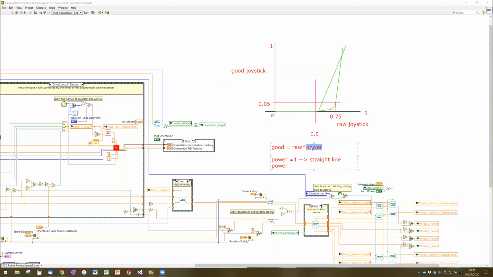I'm just going to call that exponent here, so we don't confuse it with motor power. So as you increase the exponent to, say, 3, that's a much steeper curve.